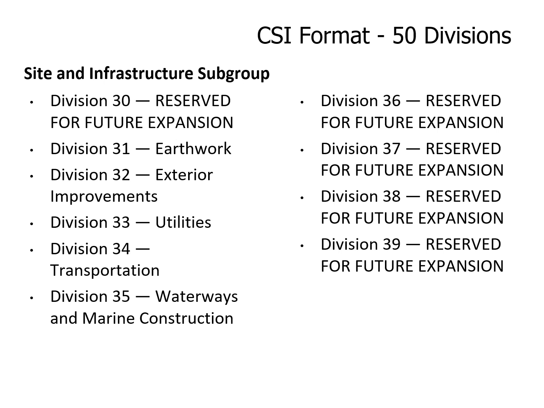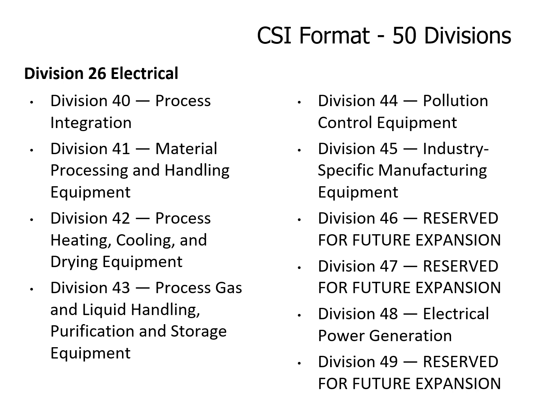Here's Division 30 to 39. Earthwork, exteriors, utilities, waterways, marine construction is 35. Okay. Electrical is Division 40 through 49.